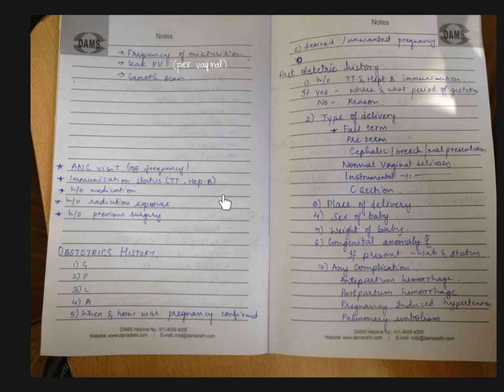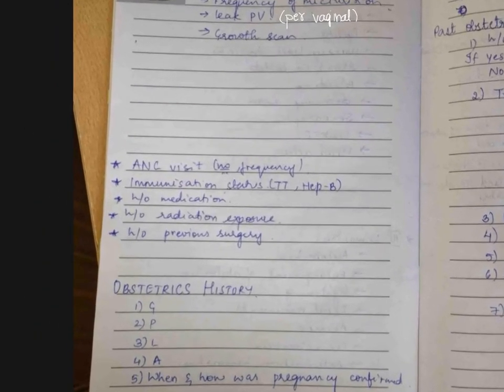And some other additional things that need to be asked are: the first is the antenatal care visit, that is how frequently she is visiting for the antenatal care checkup. Second, the immunizations she has taken, like TT, tetanus toxoid injection, as well as the vaccine for hepatitis B, whether she has been vaccinated or not.